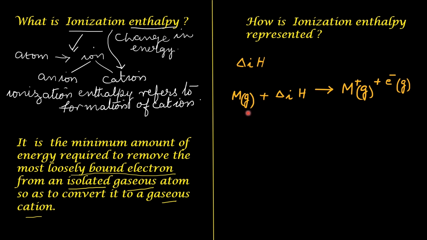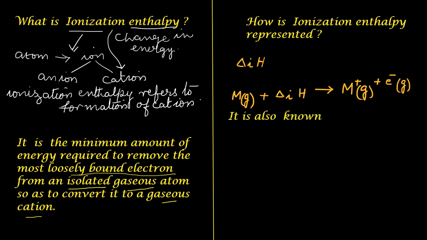The neutral atom of the element absorbs some energy which is equivalent to its ionization enthalpy and gets converted to the ion of the element and releases one electron. Here we are referring to the first ionization energy. That is energy required for releasing the first loose electron. Different elements will have different values of ionization enthalpy.